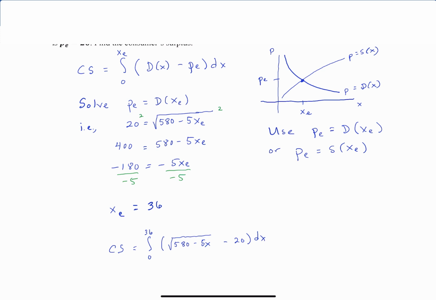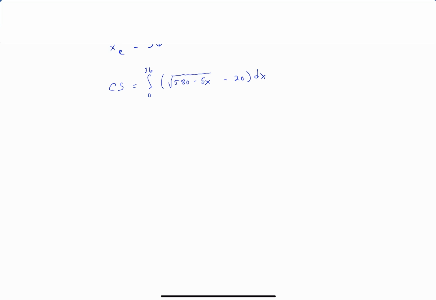Okay, we're ready to calculate the consumer surplus. We now know that our limits of integration will be from 0 to 36, and we're integrating the demand function, square root of 580 minus 5x, minus the equilibrium price, 20, dx. We're going to need a u substitution, which I do want to put on my paper so that the reader can tell what I'm doing.